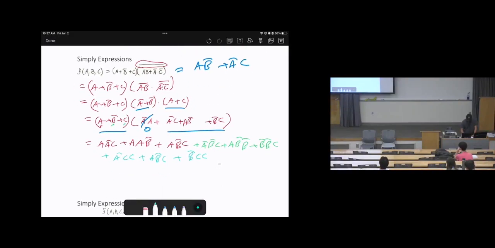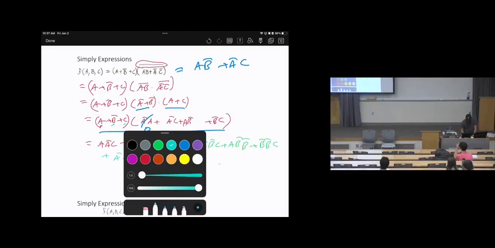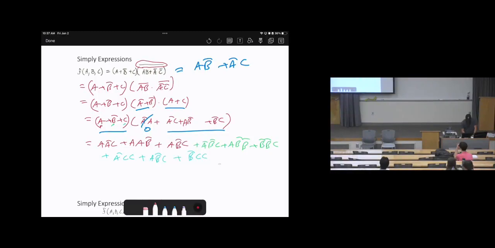Now, we can simplify it more because A times A bar is 0. And here A times A will be A. Whenever we see B bar times B bar will be B bar, C times C will be C. So let me resimplify it.